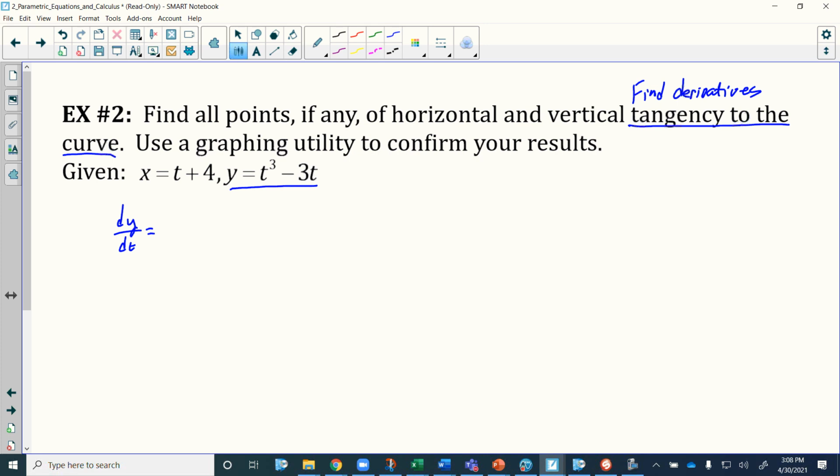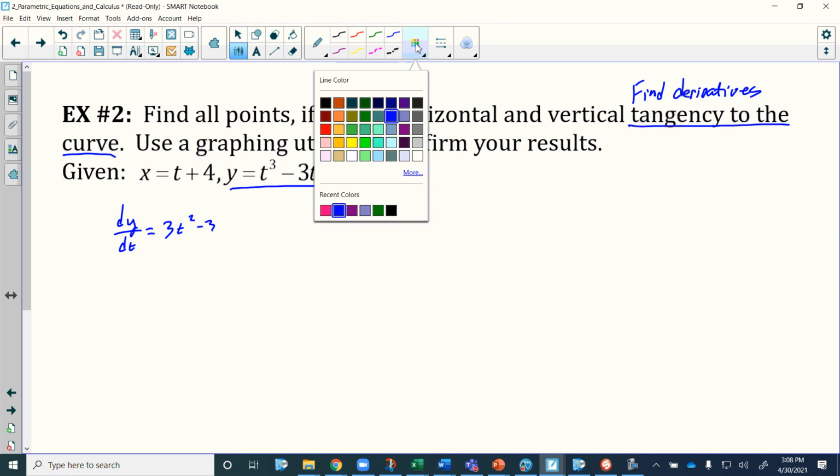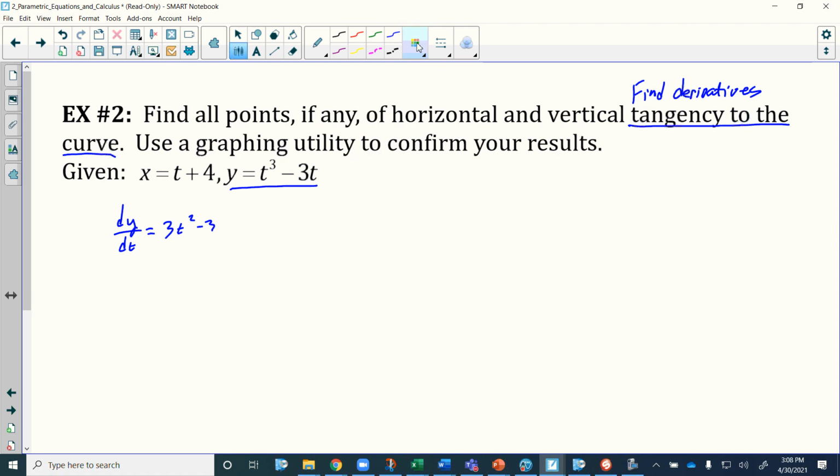The derivative of that will be 3t squared minus 3. And the derivative of x, dx/dt, would just be a 1.